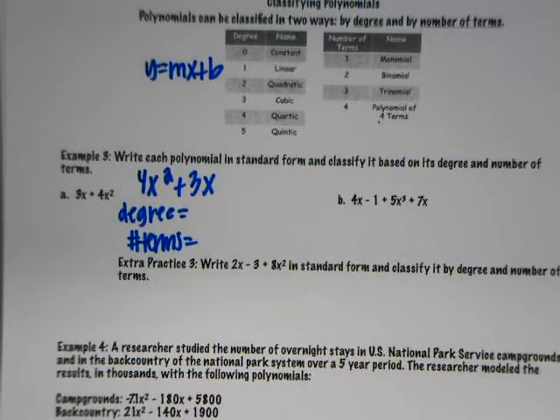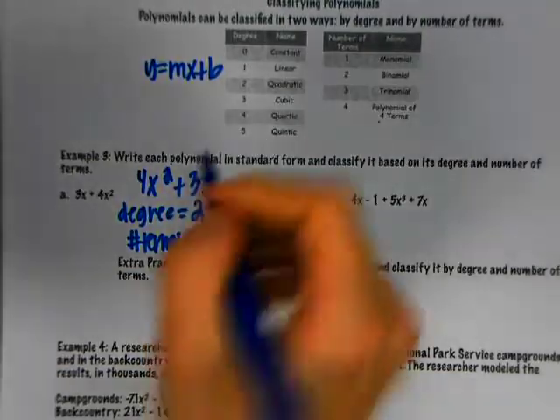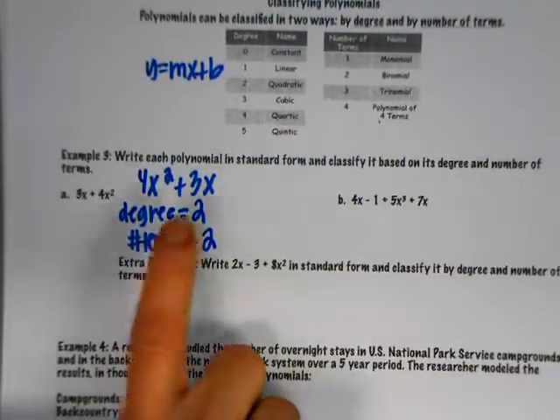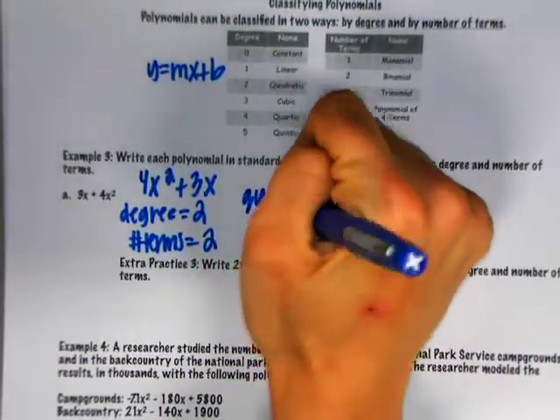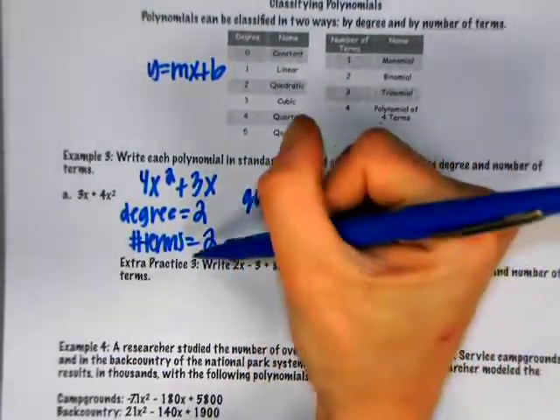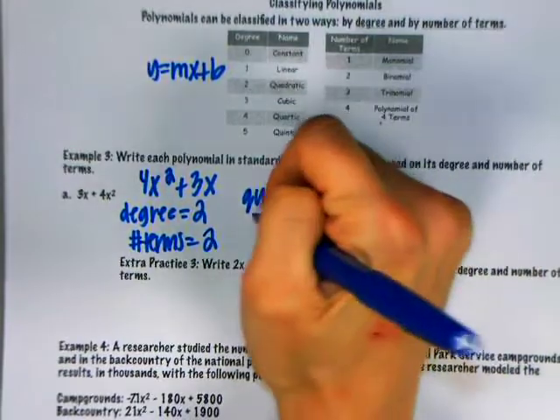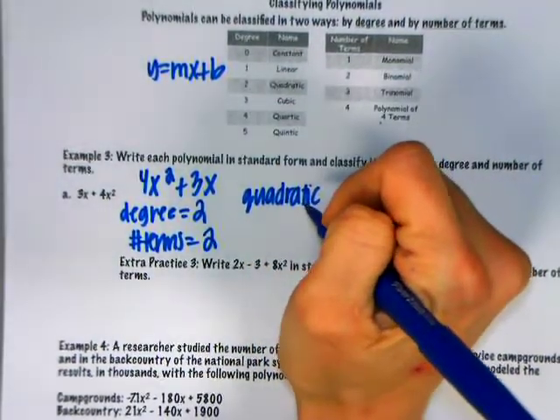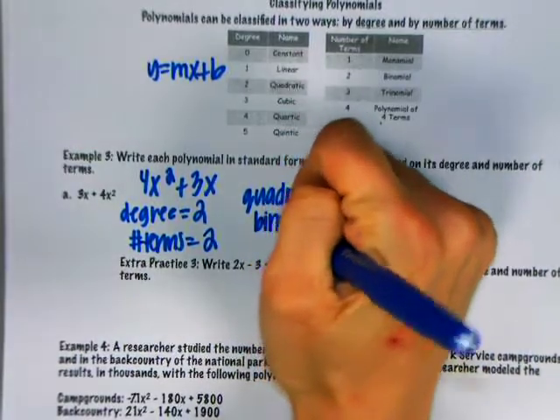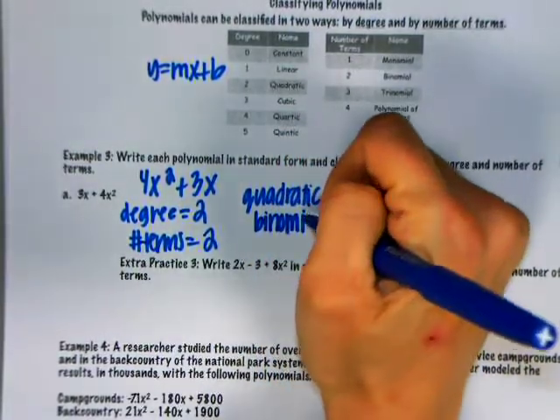So what's the highest exponent? 2, so that's your degree. And the number of terms is how many pieces you have in that problem: 2. So a degree of 2 gives us the word quadratic, and 2 terms gives us what? Binomial, yep. So this is a quadratic binomial.